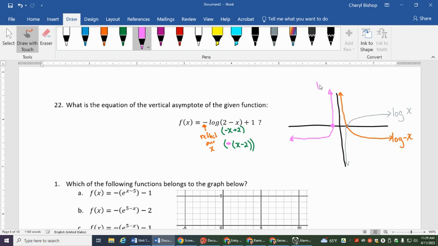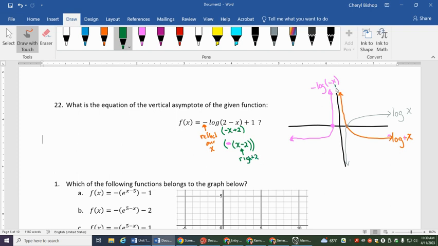So now this one is negative log. Oh, that should have been a negative out in front, not there. Of -x. It's been reflected over both axes. And then what does this -2 do? Right 2.